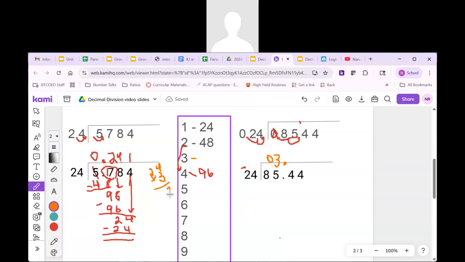Notice that I can only put the 2, and then I have to regroup the 1. 3 times 2 is 6, and then I have a regrouped number to add. 6 and 1 is 7. Okay, so the 3 times 24 is 72. Okay, so that's the multiply step. I get it from my fact box. I put 72. And now I am ready to subtract.